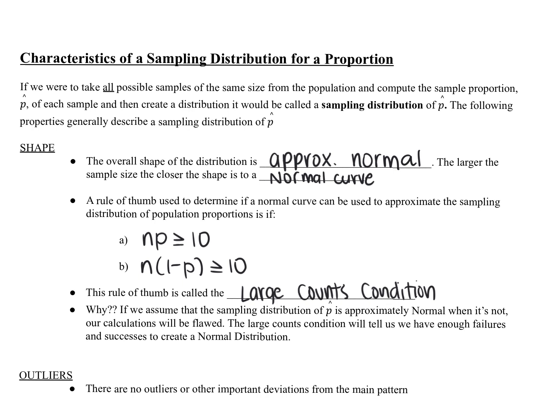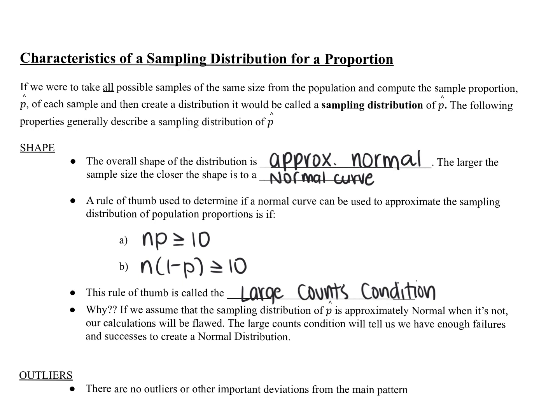The reason we have to check both of these is that if we assume a sampling distribution is approximately normal when it's not, the calculations are going to be flawed. Checking this lets us know we have enough successes and failures.